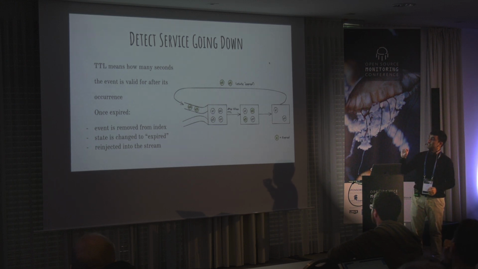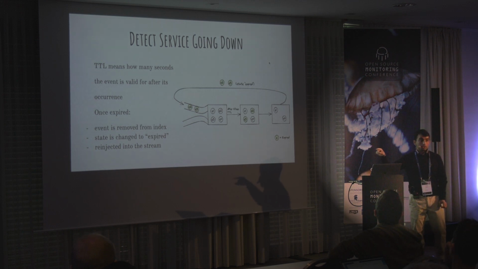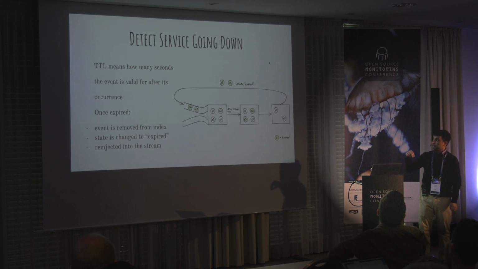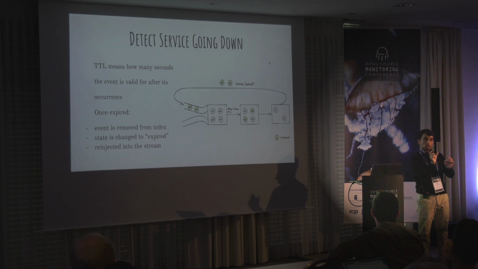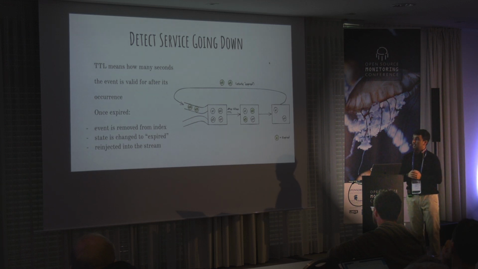And as soon as the event expires, the event is taken out of the index, the state is changed to expired, and it's re-injected into the index. So if you notice in your stream that for a particular host and service pair, the event has expired state, that means that application is probably not working well.